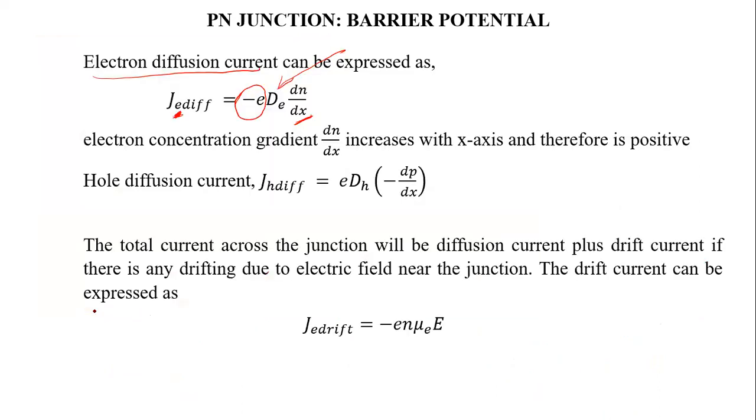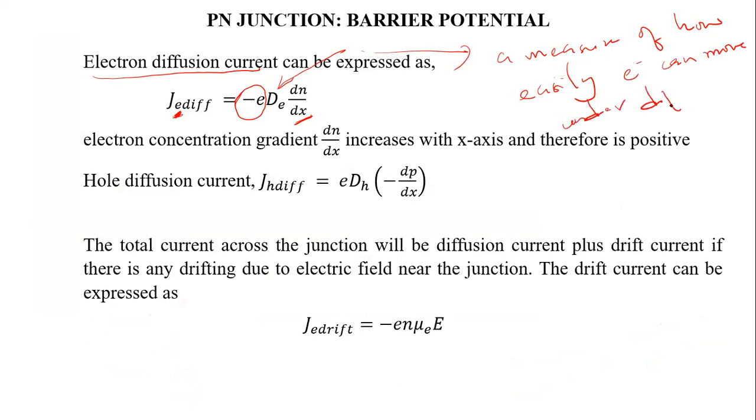And what is this diffusion coefficient of an electron? The diffusion coefficient is simply a measure of how easily electrons can move under the diffusion process.